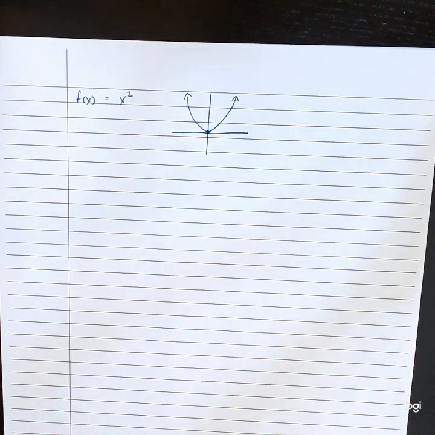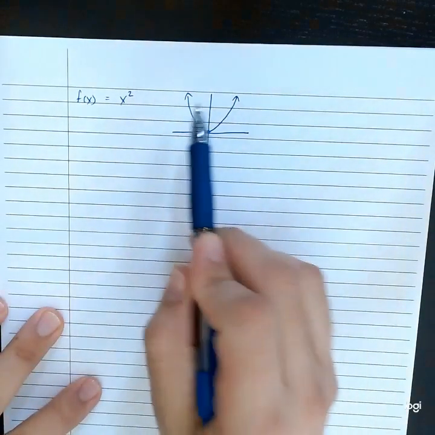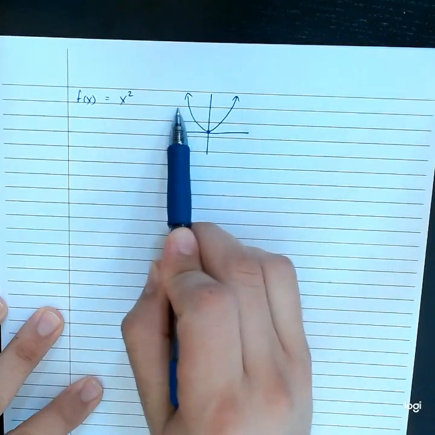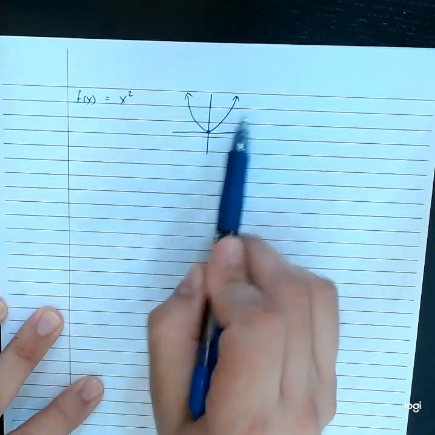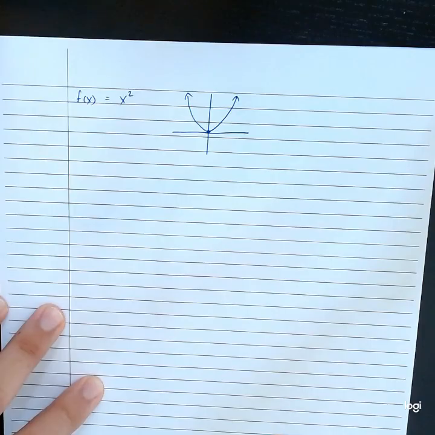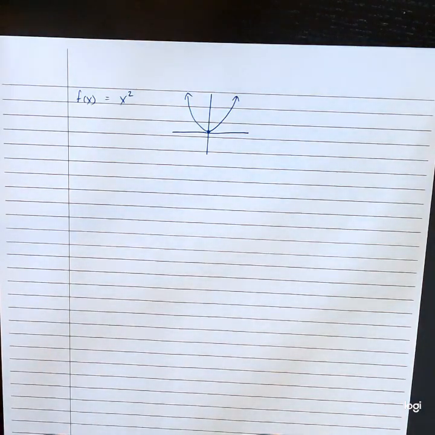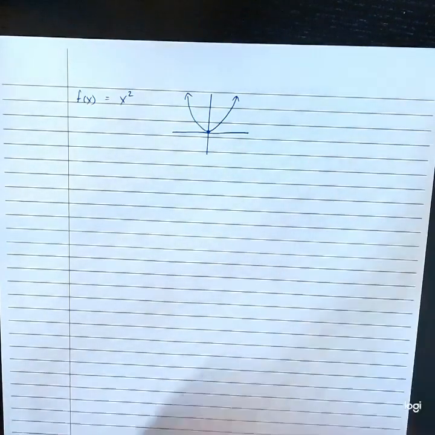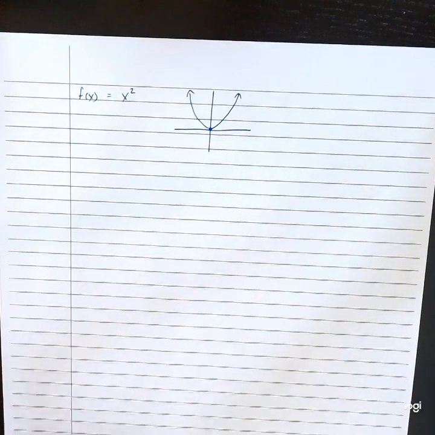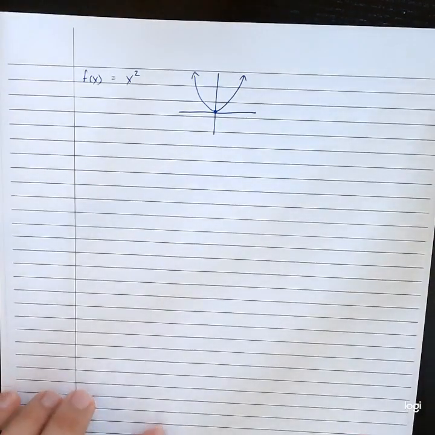It is a function, but it's not 1-to-1 because, look, there are several horizontal lines which cross through the graph more than once. So this is not invertible. You say, well, then where does the square root come from? How did I invert this in the first place? Well, this graph as it's written is not invertible. But what we can do is we can cut off a piece of it that is.